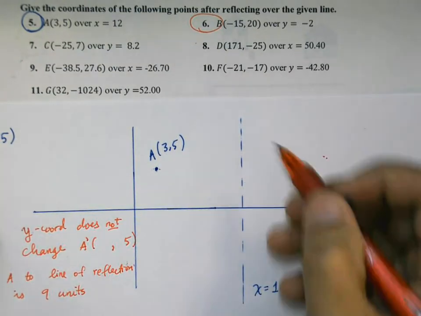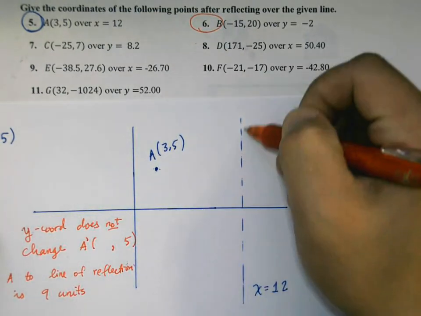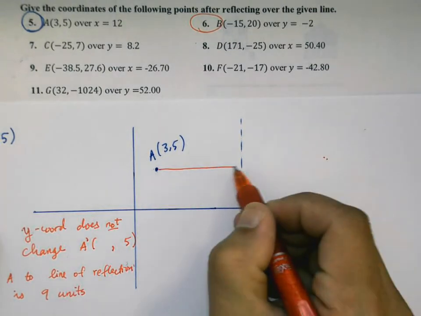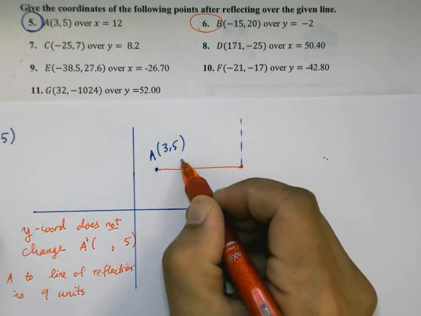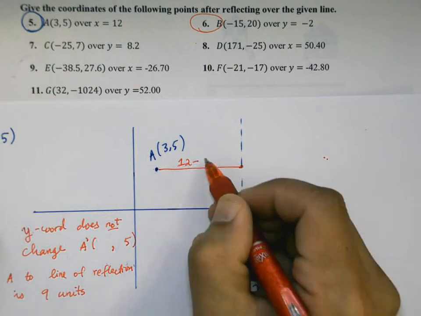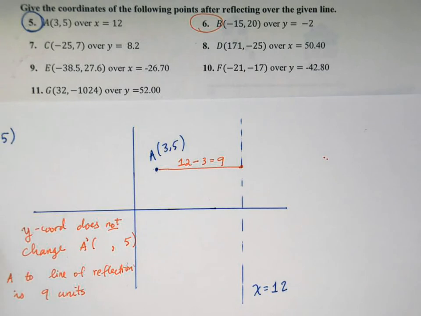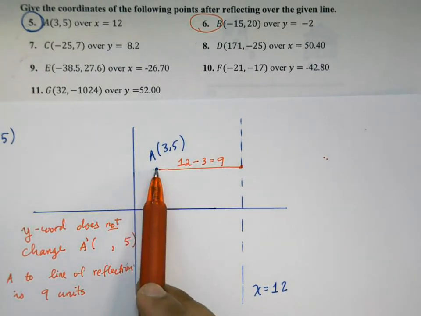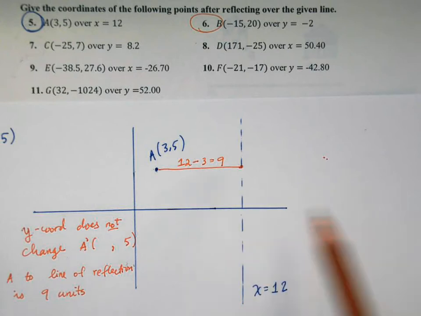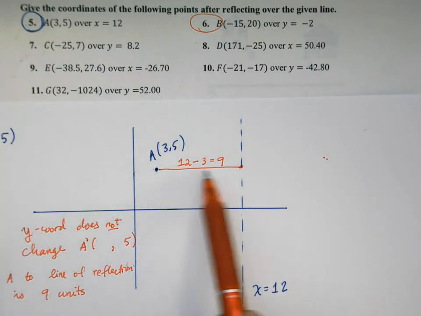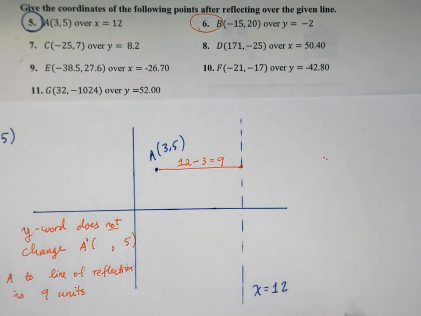Well, I know that this line is x equals 12, so this distance is 12 minus 3, which gives me 9. So A is 3 units over from the y-axis. X equals 12 is 12 units over, therefore this distance here must be 9.